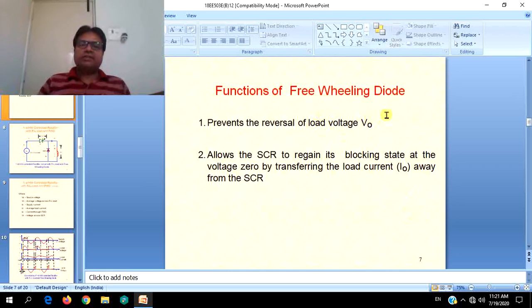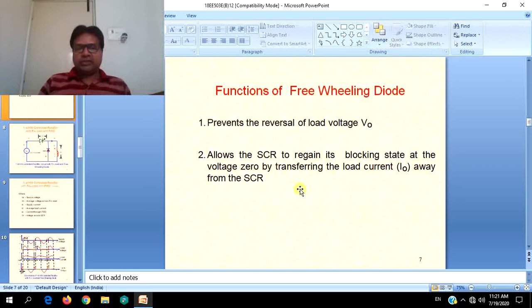Mainly, the functions of a freewheeling diode are: it prevents the reversal of load voltage V0, that is from pi to beta. Next, it allows the SCR to regain its blocking state at voltage 0, that is at angle pi itself, by transferring the load current I0 away from the SCR.